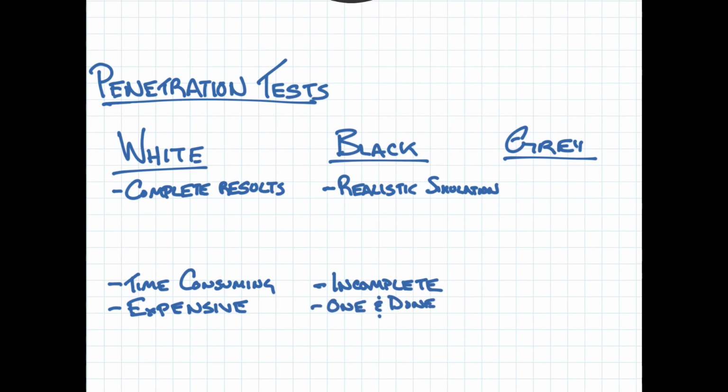That is, the penetration tester will find one way in and then they will stop. But there could be several other flaws in your implementation, other vulnerabilities, other systems out there, and they're going to miss them. And of course, the final flaw is it's incomplete.